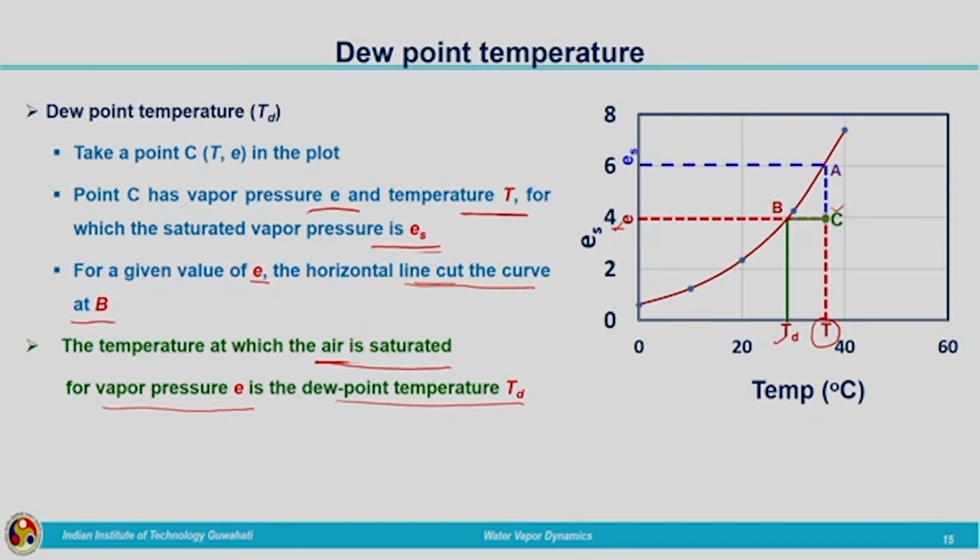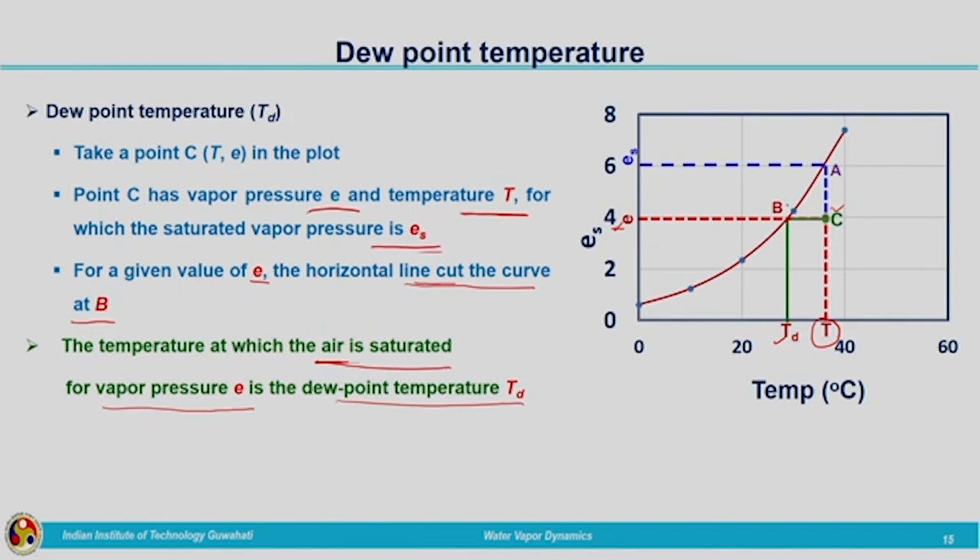I am repeating again, look at the point C, it has a temperature T and corresponding vapor pressure E. That vapor pressure, according to that temperature capital T, is not the saturation vapor pressure, but it can be the saturation vapor pressure corresponding to another temperature.